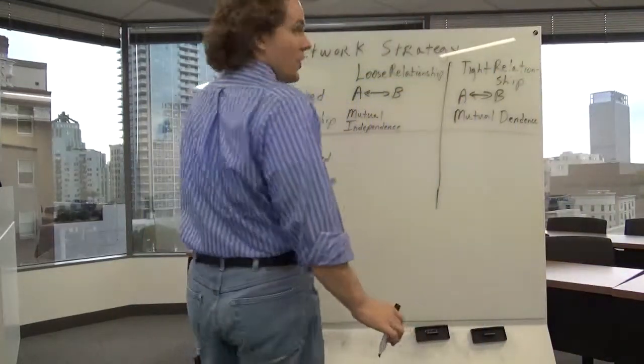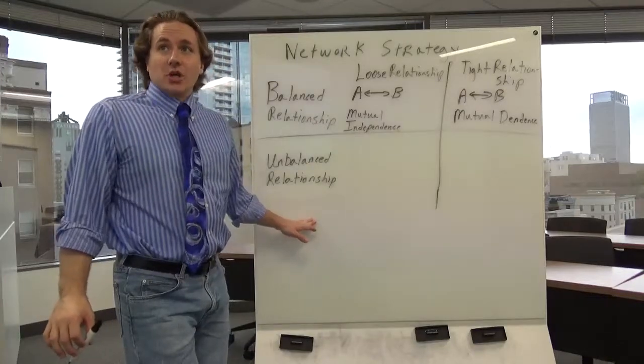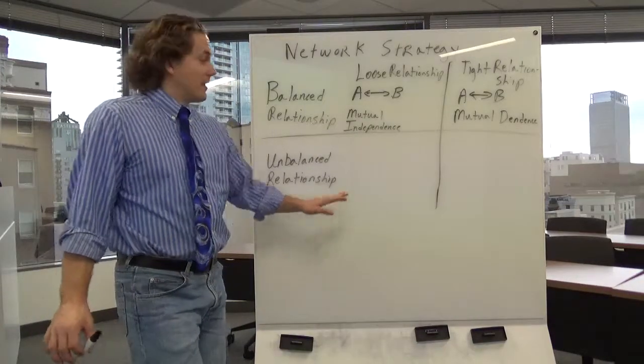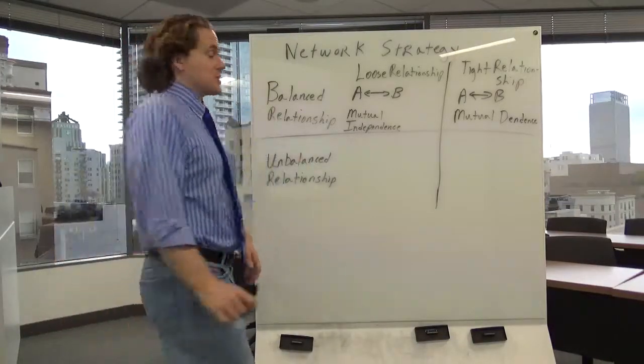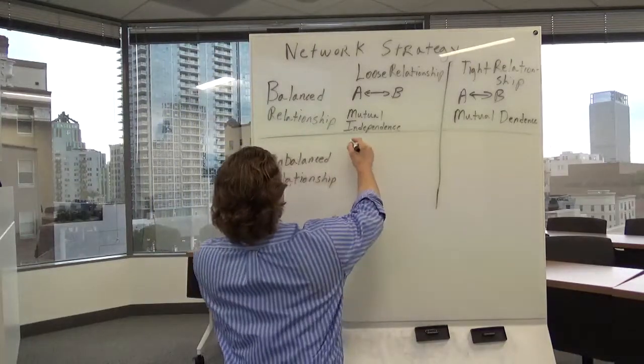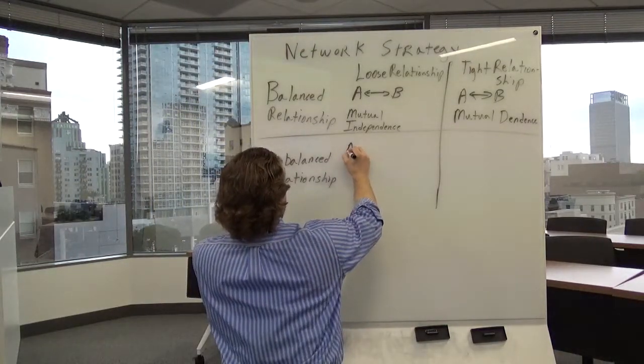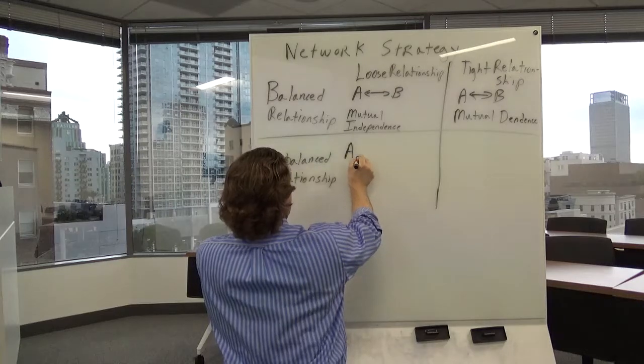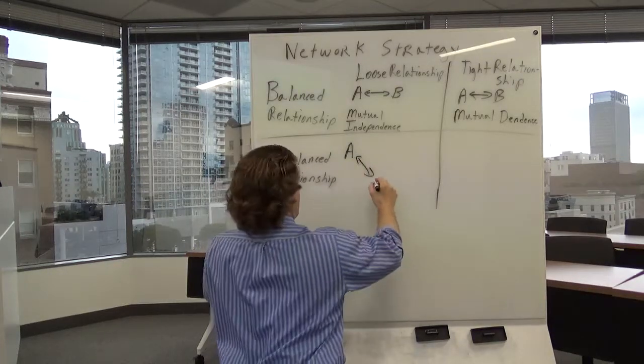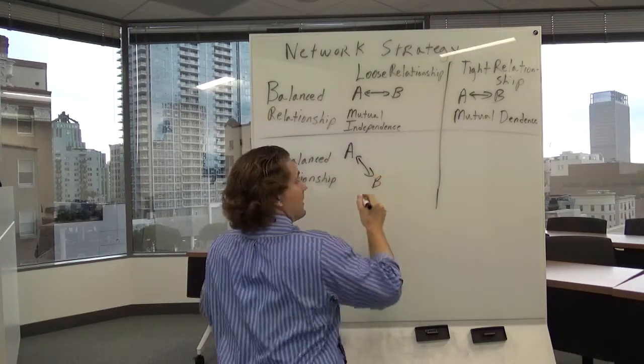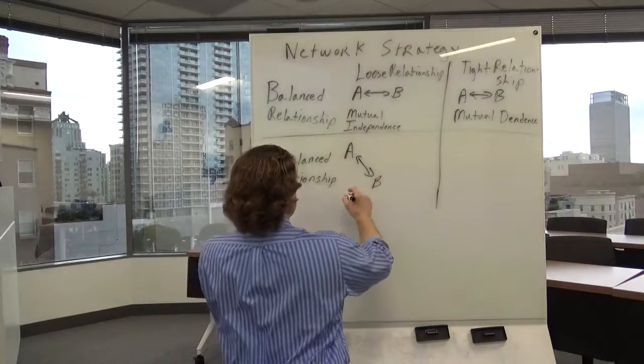Now down here, you have an unbalanced relationship that's also a loose relationship. So here you would have firm A versus firm B. And we could call this unbalanced independence.